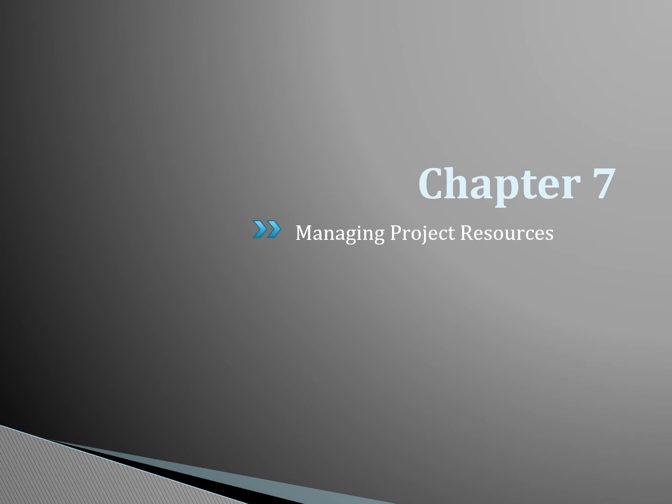Hello everyone. We are going to be looking at chapter 7, which deals with managing project resources. By considering resources required for each of the project activities and tasks, and also by considering the availability of those resources, we can put together an optimized project schedule that optimizes the use of resources.